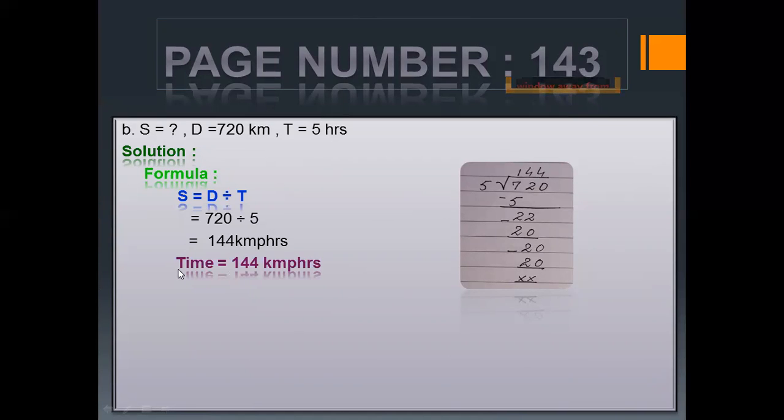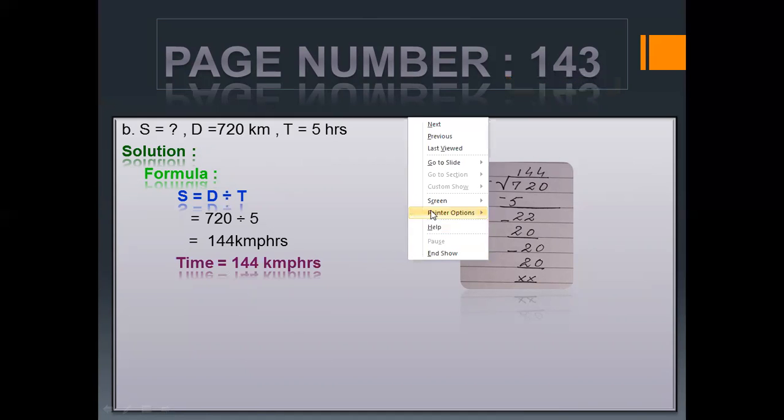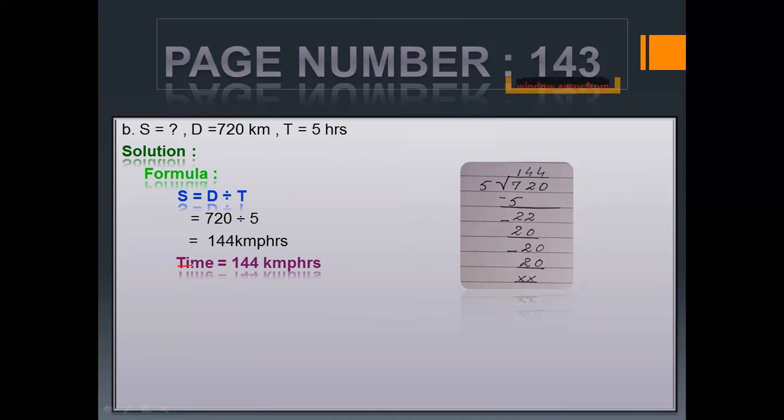This is speed, not time. Speed is 144 kilometer per hour. As you know that the unit of speed is kilometer per hour. So this is speed, which is 144 kilometer per hour.